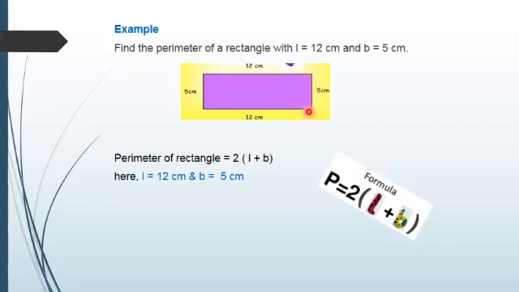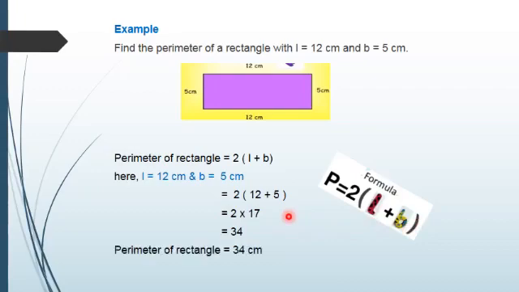So, we will put these numbers in the formula and it will be equal to 2 times (12 plus 5). Firstly, we will add 12 and 5 and then multiply its answer by 2. So 12 plus 5 is 17 and then we will multiply 17 by 2. It will be equal to 34. Therefore, the perimeter of the rectangle will be 34 centimeters.